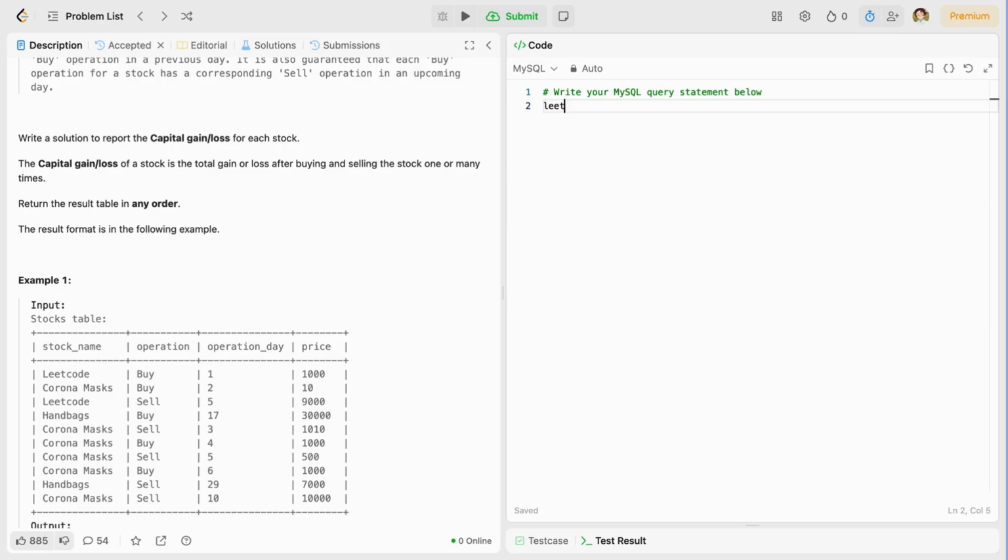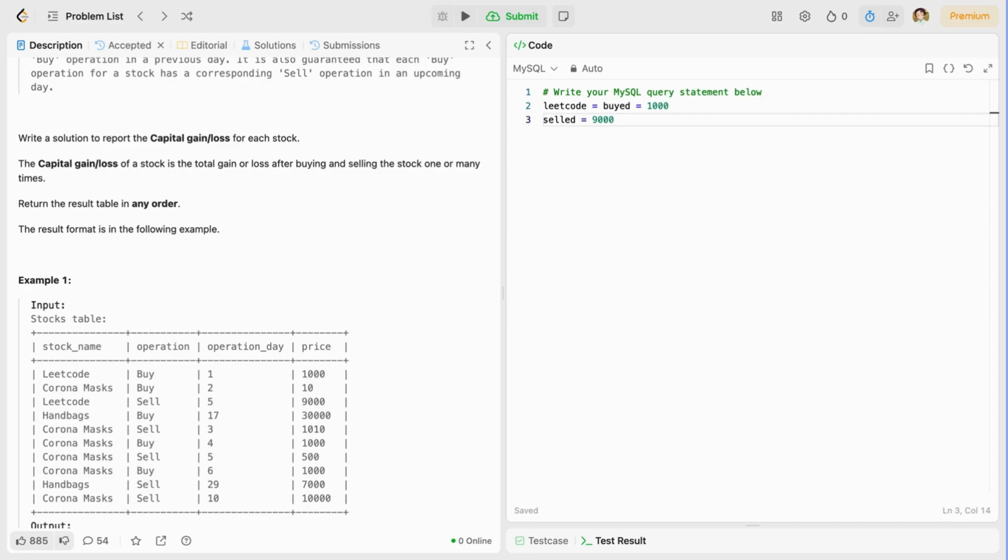So let me note it down. Leetcode was bought for 1,000, and again Leetcode was sold for 9,000.